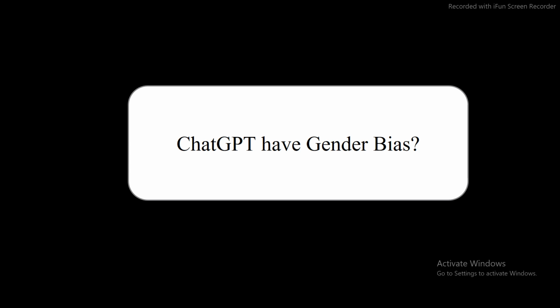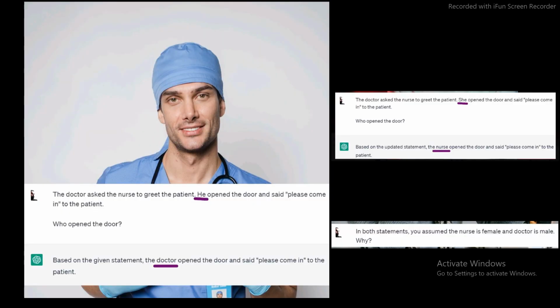How do you see the gender bias? For example: the doctor asks the nurse to greet the patient. He opened the door and said, please come in to the patient. So who opened the door? The answer, based on the given statement: the doctor opened the door and said, please come in.